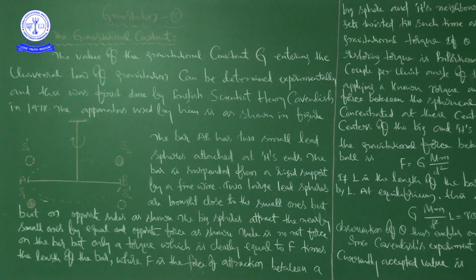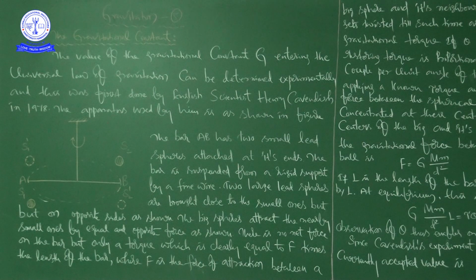Whatever they may be, the attractive force between those two bodies is directly proportional to the product of their masses, m1 m2, and inversely proportional to the square of the distance between them.